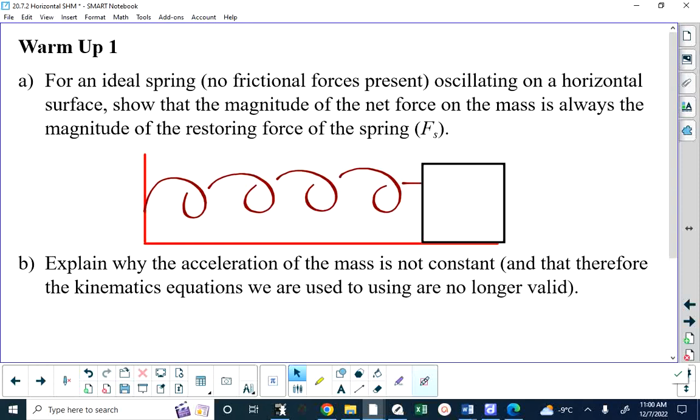So if I just attach it and I leave it alone, the mass would be sitting right around this location, but I've pulled it to the right. That means right now that the spring is exerting a force that way, back towards the equilibrium position. So this is the force that the spring exerts. Are there any other forces acting on the mass?